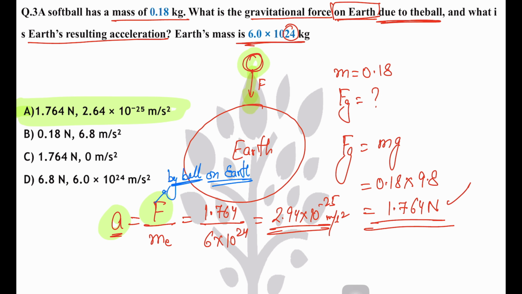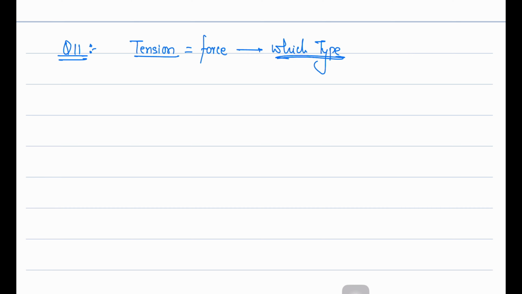Now what we need to understand is tension. For question number 11, we need to understand the word called tension. Tension is also a force, but which type of force? When we say force, we say the word push or pull, yes or no?